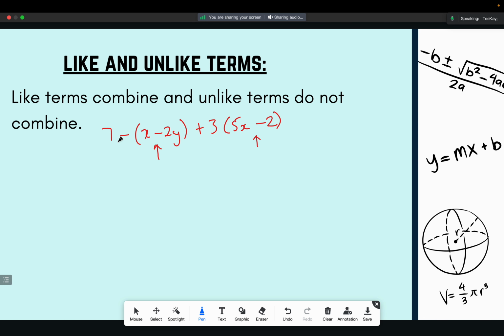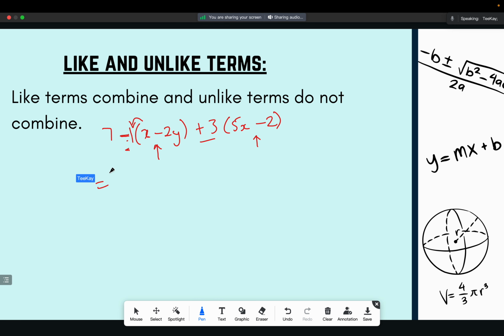Outside the brackets, on the left, we have a minus, which is minus 1, and here we have plus 3. This means this bracket is being multiplied by minus 1, and this bracket by plus 3. So you multiply every term in the bracket with the number that is on the left of the bracket.